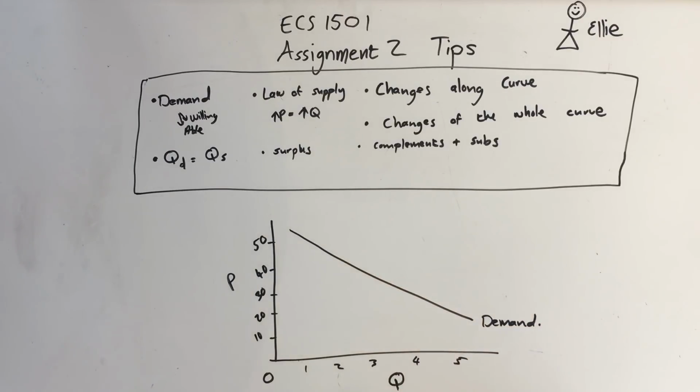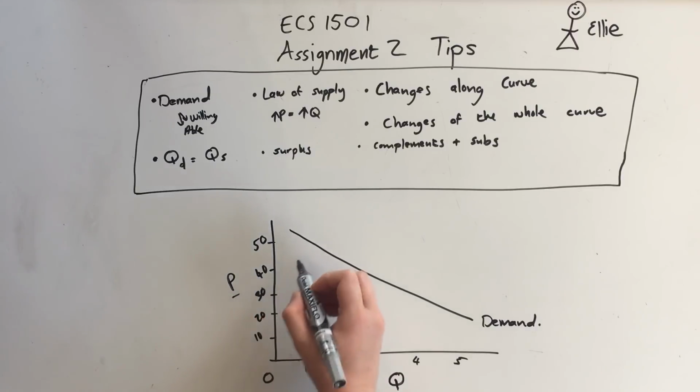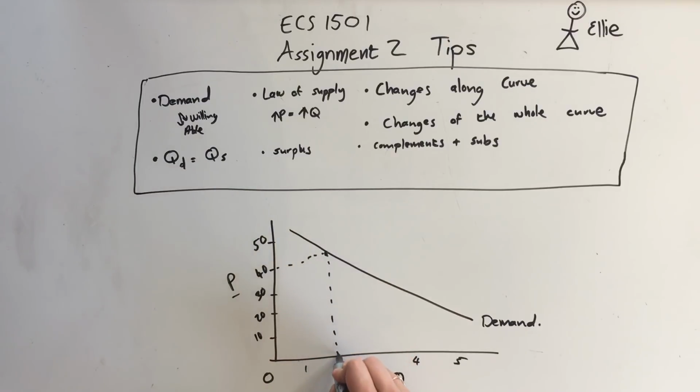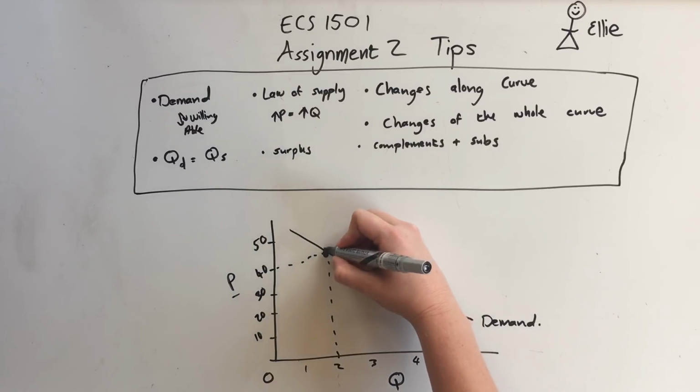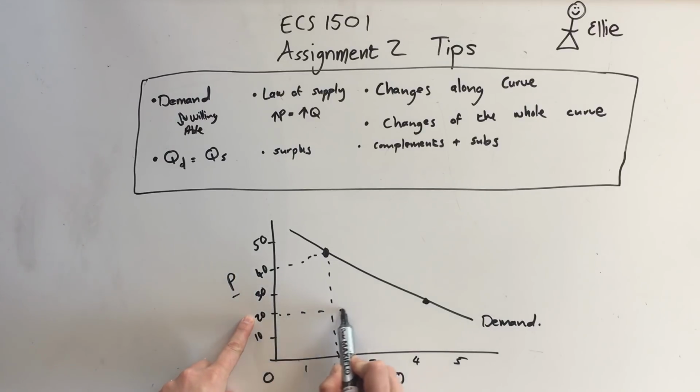Now what is interesting about the demand curve that I want you to see is if the price of something is 40, the quantity on this graph that I've drawn is 2, whereas if the price goes down to 20, the quantity demanded will be around 4. So due to a change in price from 40 Rand to 20 Rand, the quantity has gone from 2 to 4.